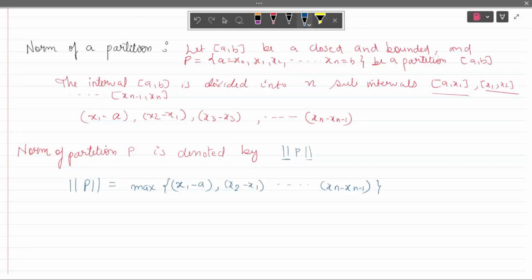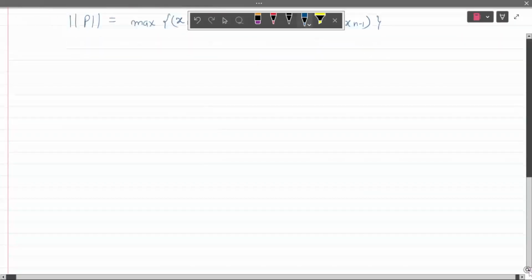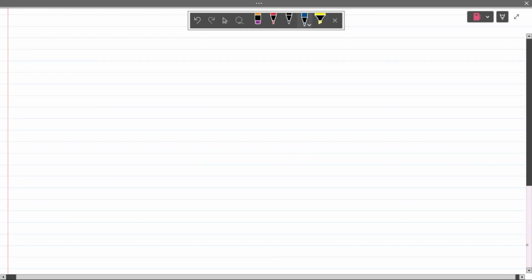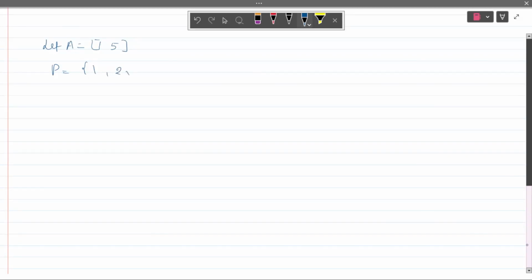Let's take an example. Let we have the interval 1 to 5, and we name it A. Now a partition of A is, let's say, 1, 2, 3, 4, 5.